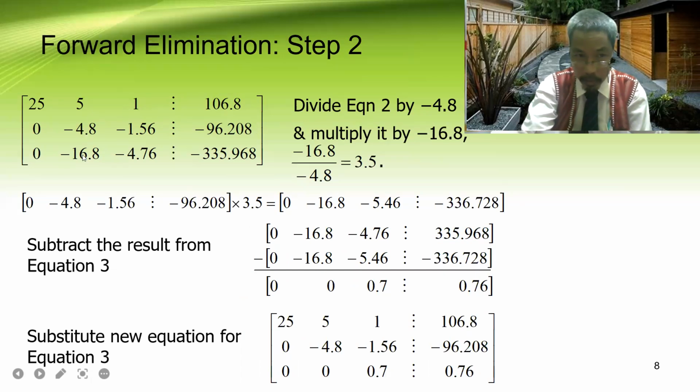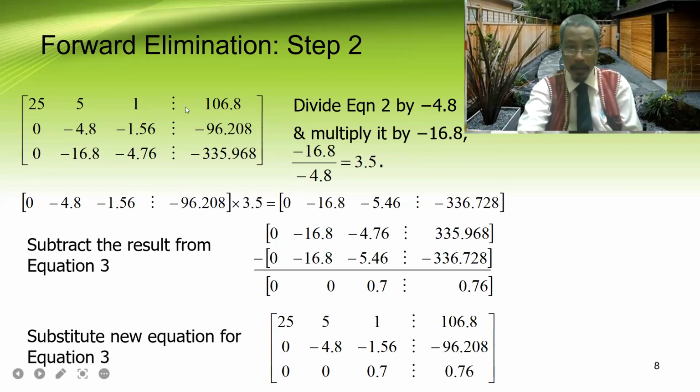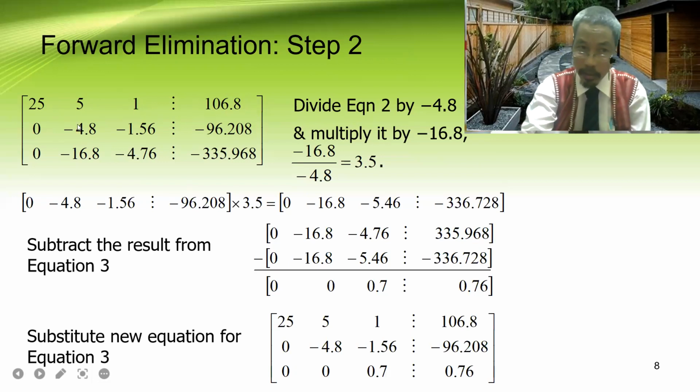We don't need equation 1 anymore because it is already used to make these 2 zeros. If you use this one to make this 0, you will not succeed, because this one will become 0, but this one will become a constant value, not equal to 0.